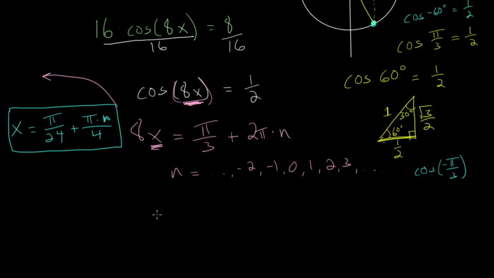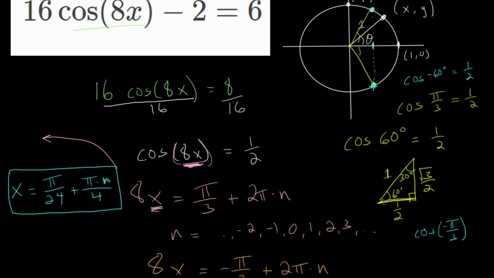Except in this case, we'll say that 8x, our input here, has to be negative 60 degrees or minus pi over 3 radians. But we can again add these multiples of n. We can do plus 2 pi n, and that just accounts for the fact that we can go multiple times around the circle and end up back at the same point if we just add 2 pi radians or 360 degrees.